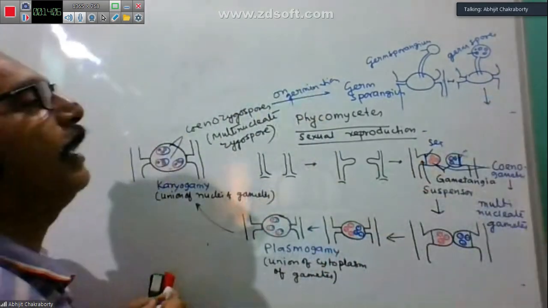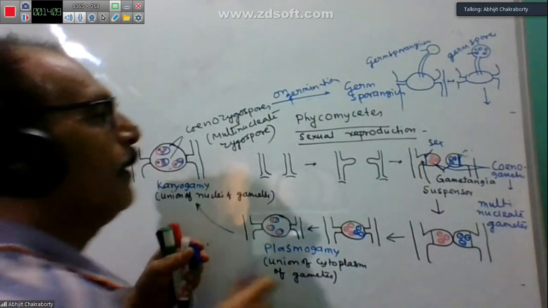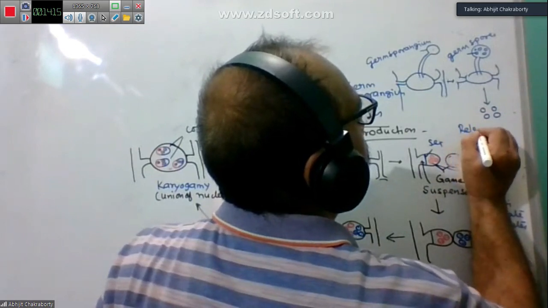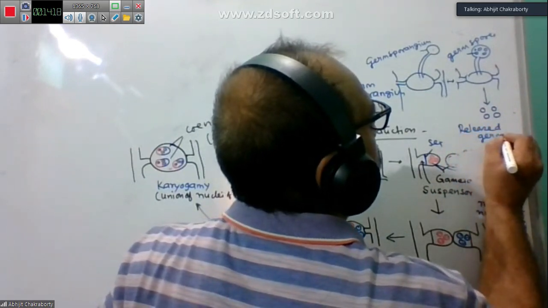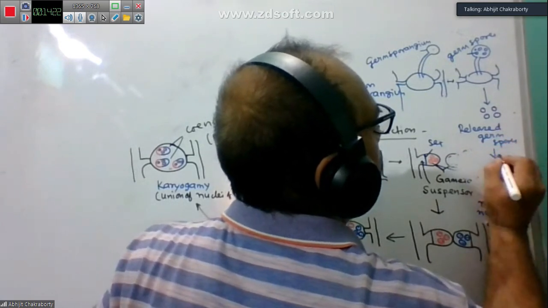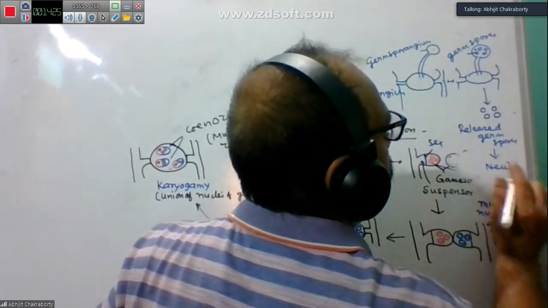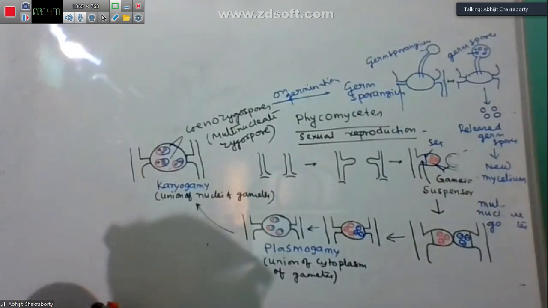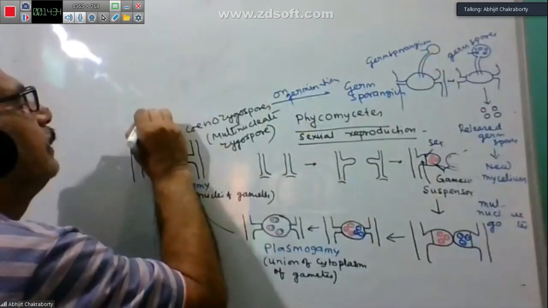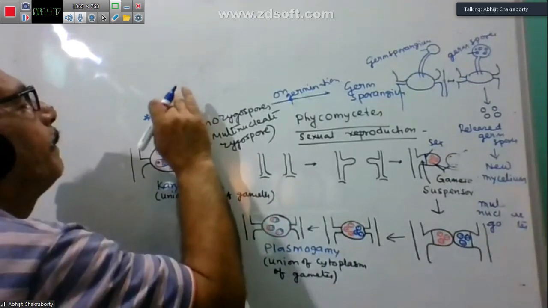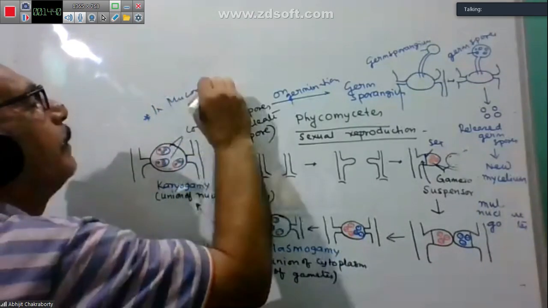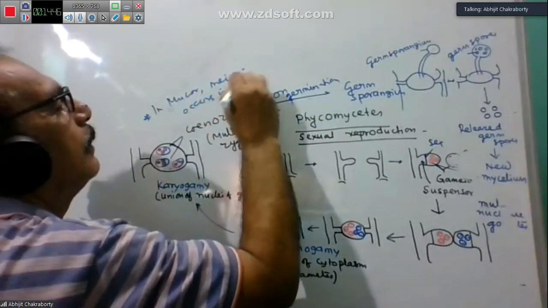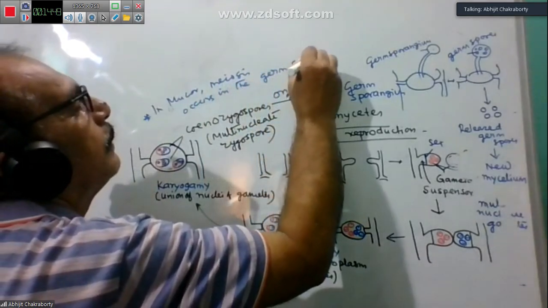Eventually, due to the breakdown of the wall of the germ sporangium, germ spores are released, and they give rise to new mycelium. So meiosis occurs in the germ sporangium.